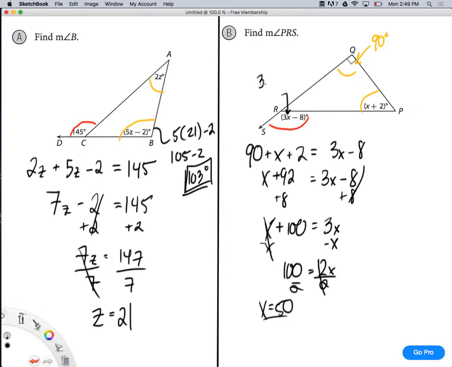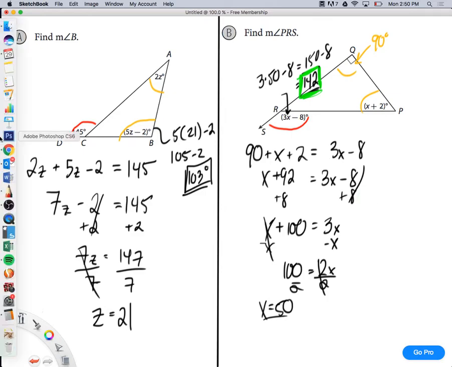I get 3 times 50 minus 8, which is 150 minus 8, which is equal to 142. That's my final answer right there: 142. Any questions about that? Okay. Good. That's it.